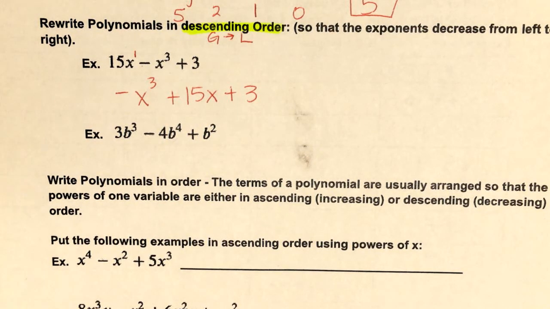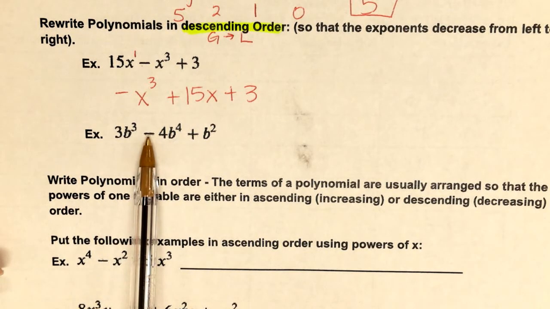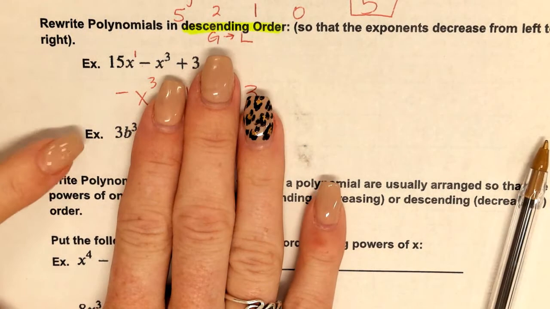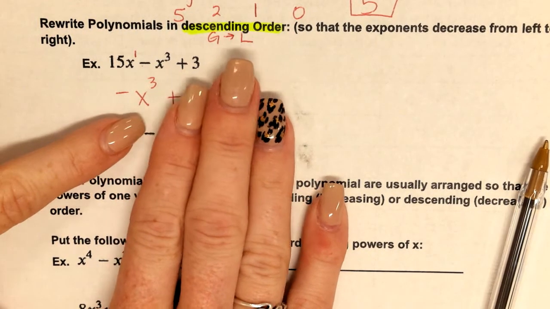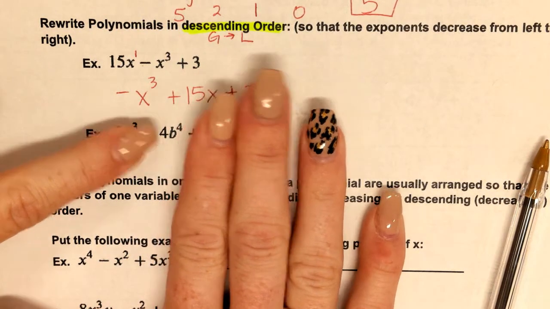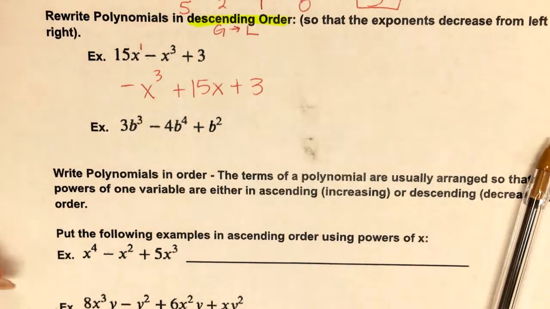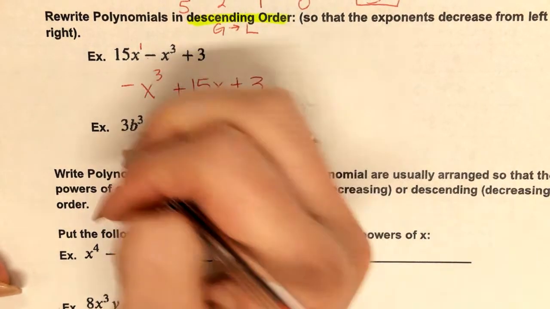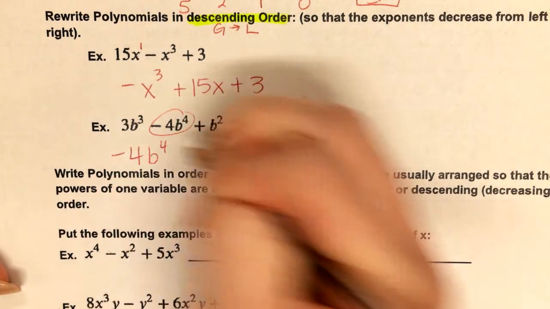Now, the biggest mistake I see students make is they end up, for some reason, putting this negative sign with this one. So just make sure you're only looking at it like that. That's positive. Then that minus sign goes with that, and that positive goes with that. All right, which one has the biggest exponent? This one. So minus 4b to the 4th power.